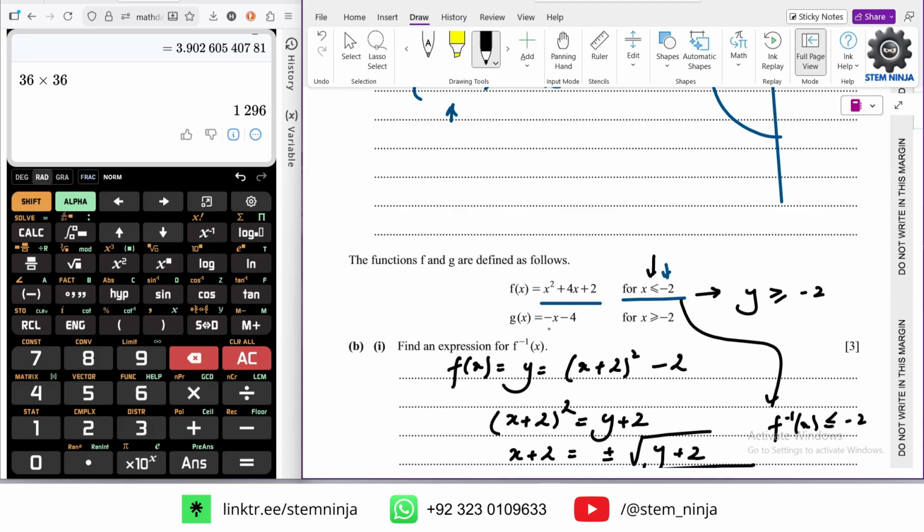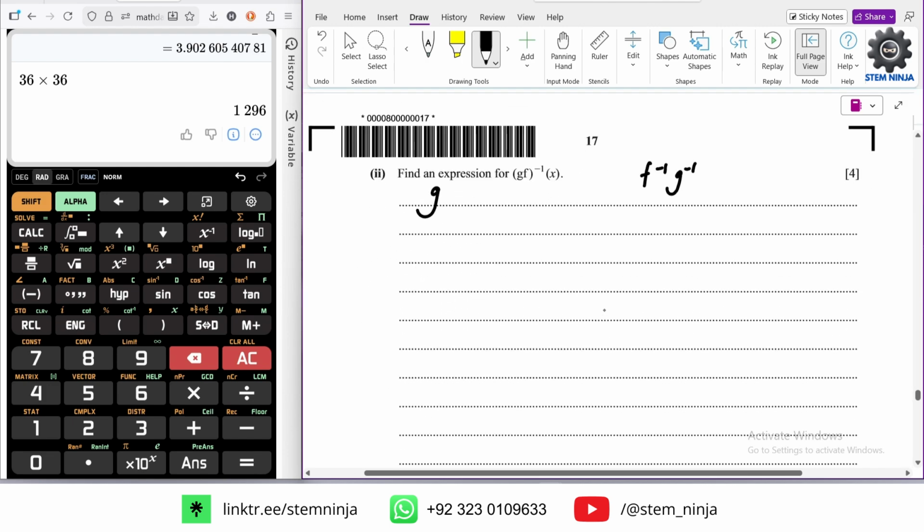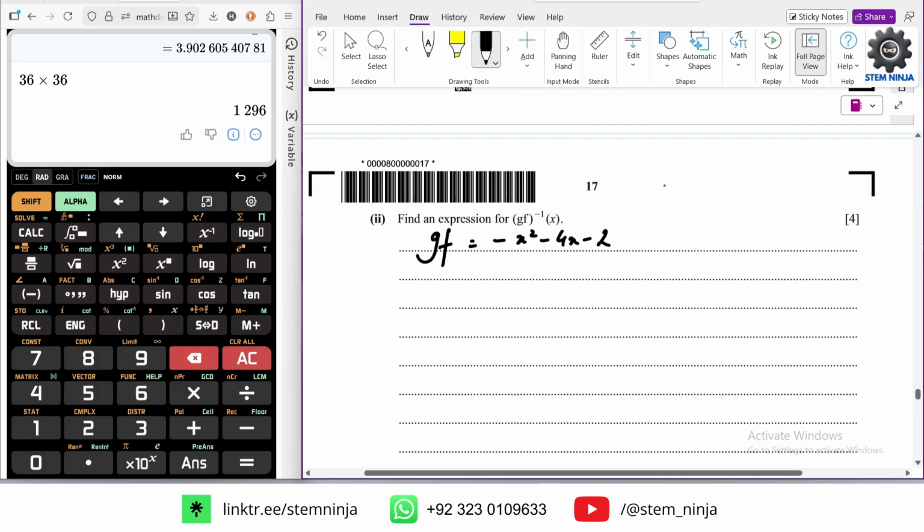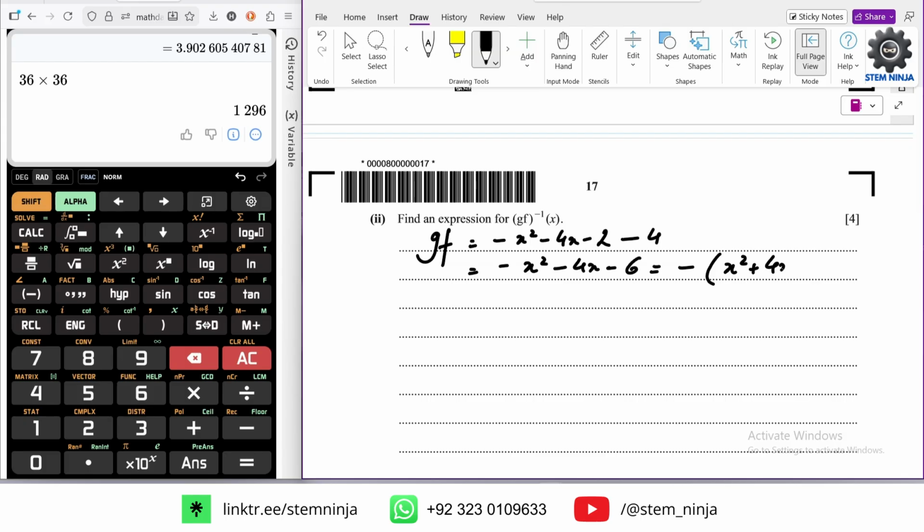So this is minus x minus 4, so this would be x squared minus 4x minus 2 minus 4. So this becomes minus x squared minus 4x minus 6, or minus x squared plus 4x plus 6. Right, okay. We need the gf inverse.